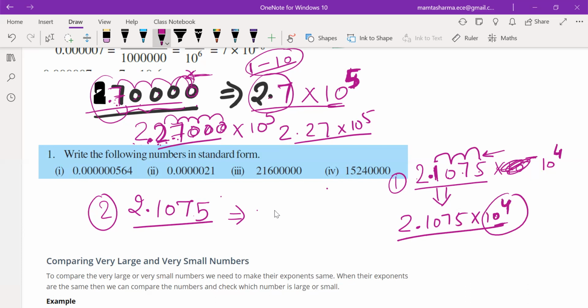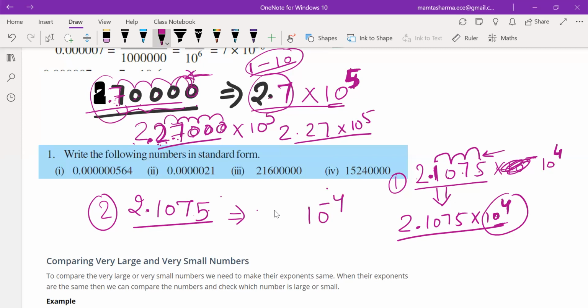Clear? Now see, if it is a decimal number, how would you convert this number into exponent form? For the decimal number, the exponent will come in the negative. See, how many digits are there after the decimal? There are 4 digits, so you can write 10 raised to power minus 4.